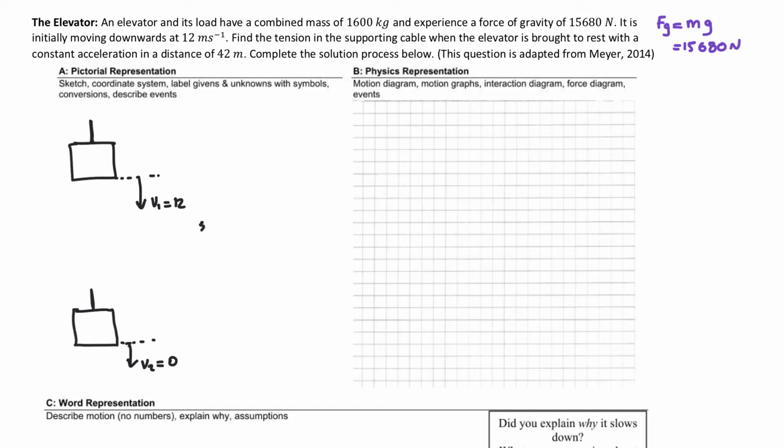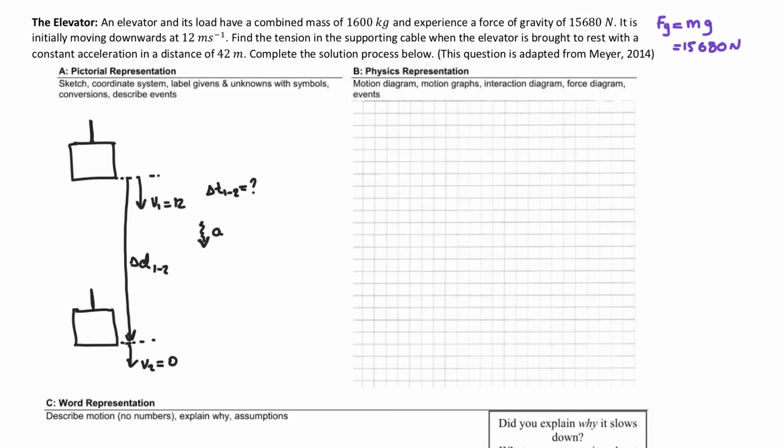I'm going to assume that the acceleration is going down, but we will see if that's the case or not. There's going to be a certain distance which has been traveled, so I'm going to label that like this. This is going to be the displacement, sorry, from 1 to 2, so I'll write that here. And this is going to take a certain amount of time, which we don't know.